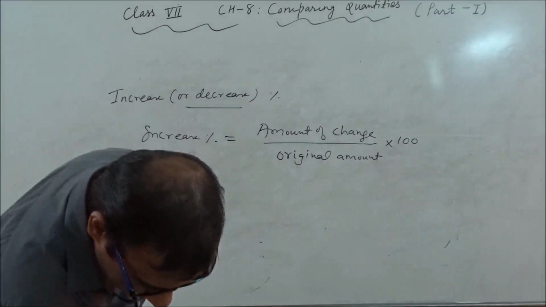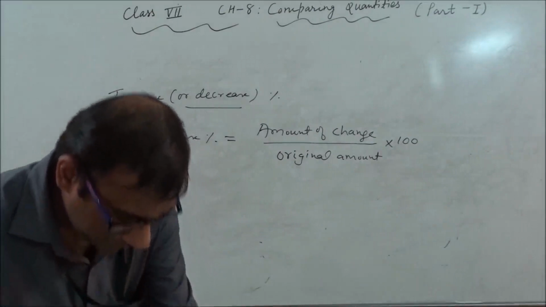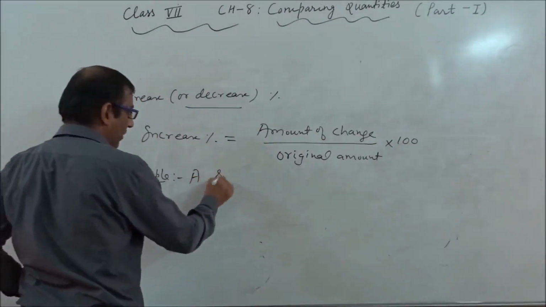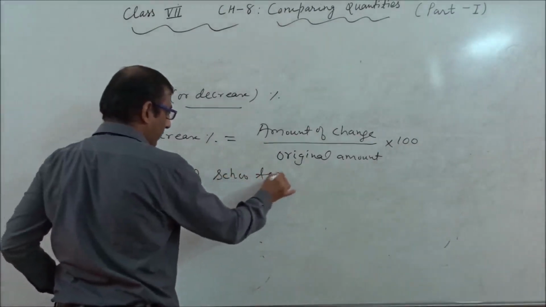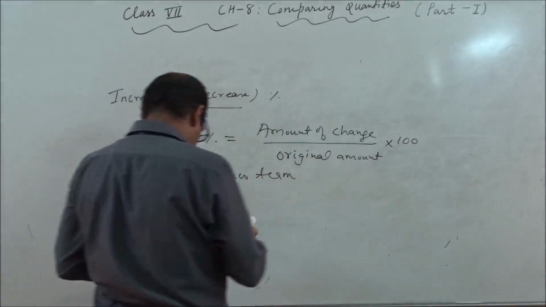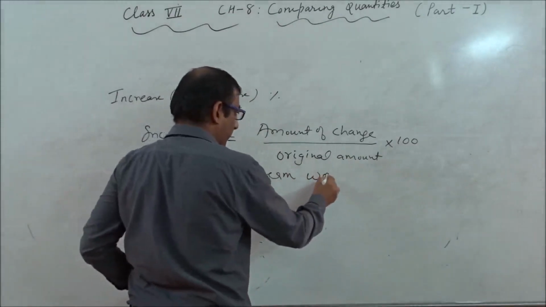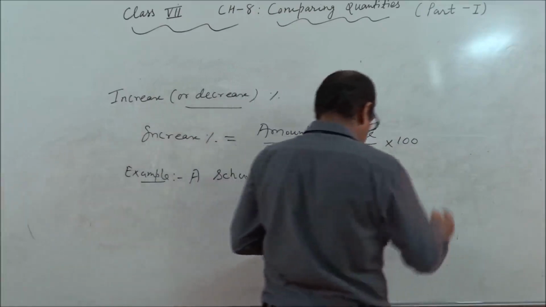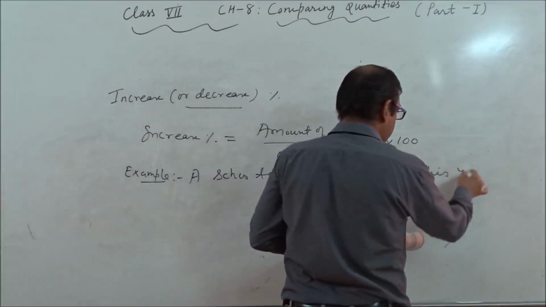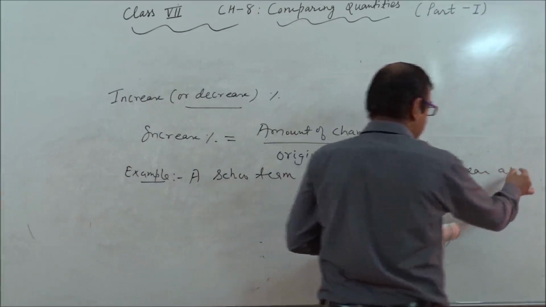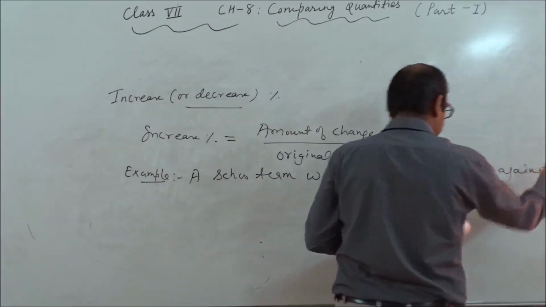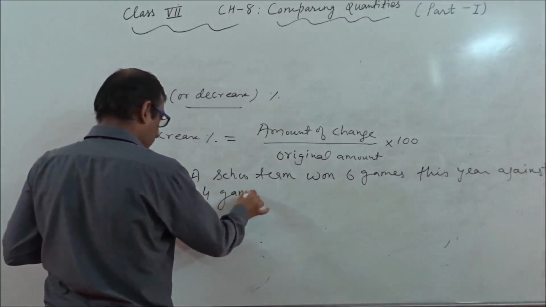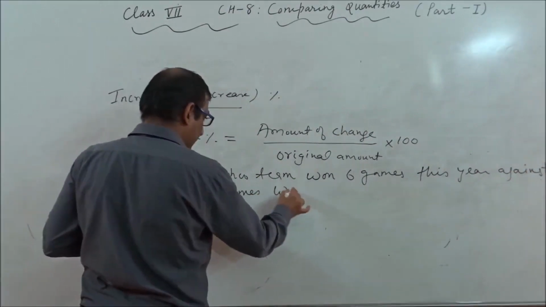The question is, writing here one example, a school team won 6 games this year against 4 games won last year.